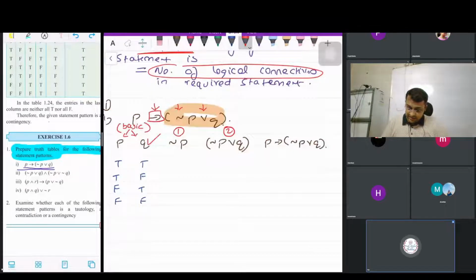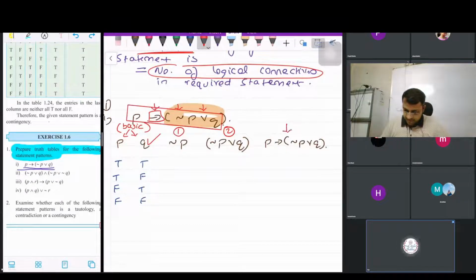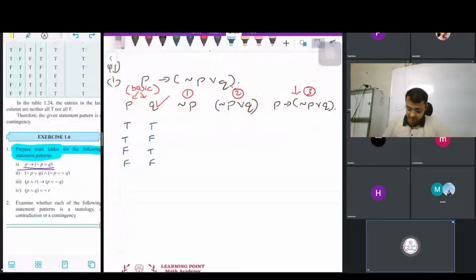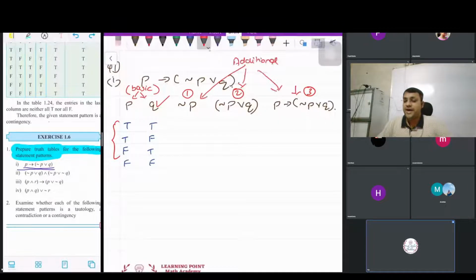And for this reason guys, I am just taking this entire statement as my additional column number 3. Okay, so guys, these are our fixed columns or the basic columns, and column number 1, 2, 3, as I told you just now, are my additional columns for this particular sum. Now additional columns will not be the same for every sum, they will depend on different questions.